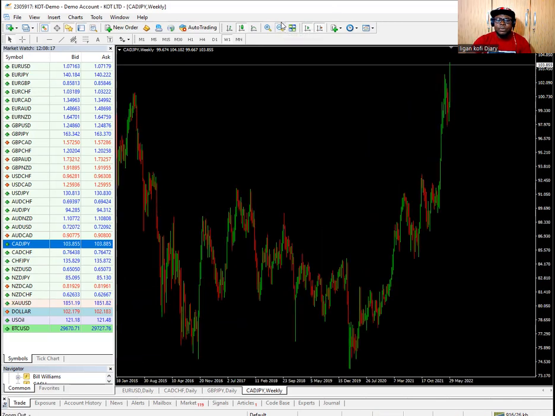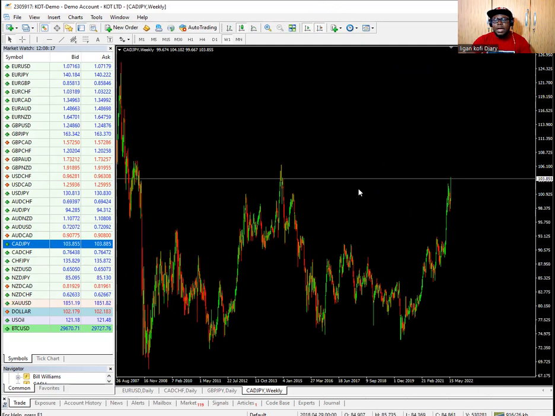Already, we have the general overview that JPY is the weakest as it stands now. So if you look at CAD JPY on the weekly time frame, you will see that CAD JPY is heading towards a resistance level.